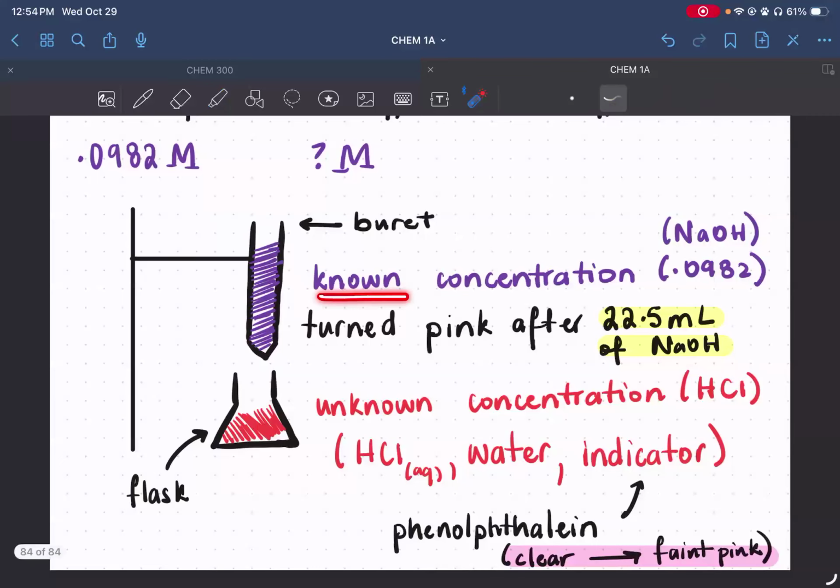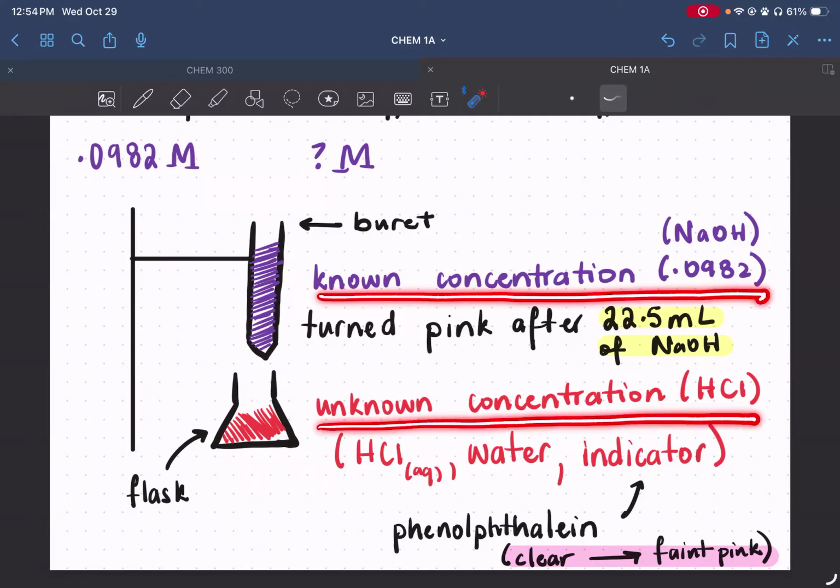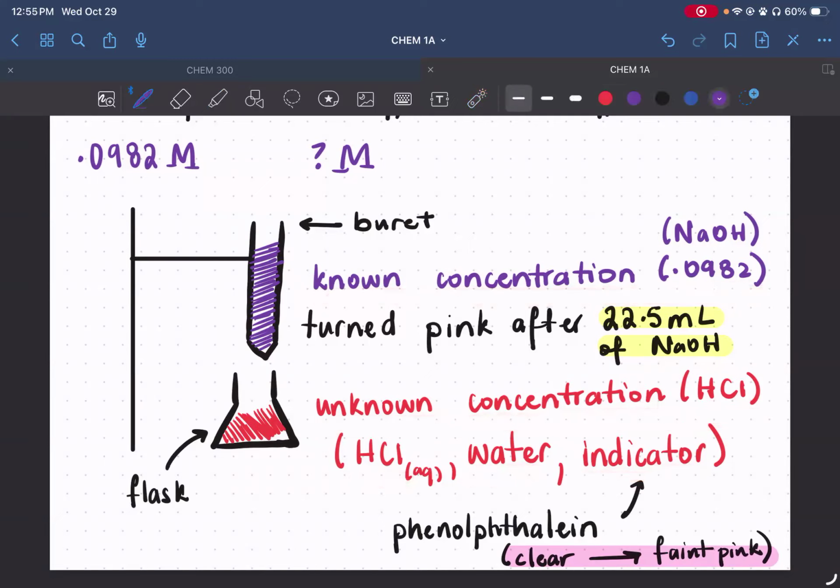So we fill up our burette with our known concentration, just the known, nothing else is in it. And we fill up our flask with our unknown chemical. In this case, the chemical, water, as well as the color indicator. You would open the burette and you would drip sodium hydroxide through. Over the course of time, the volume of sodium hydroxide decreases and the flask turns light pink.